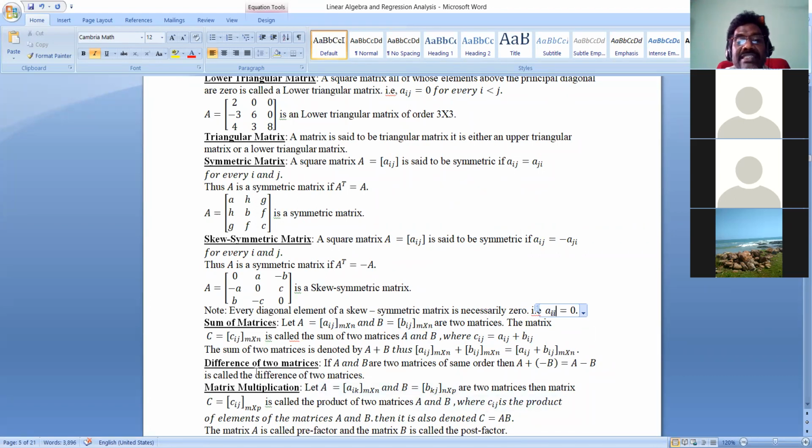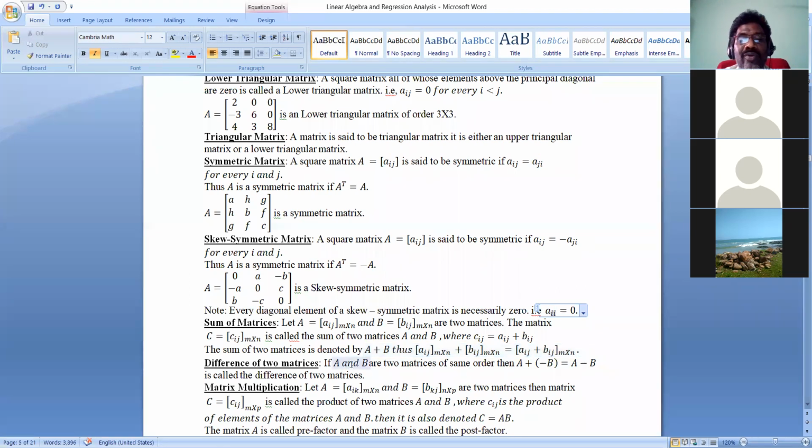The matrix C equal to Cij of m by n is called the sum of the matrices, where Cij equal to Aij plus Bij. The sum of these two matrices is denoted by A plus B. Thus, Aij of m by n plus Bij of m by n equal to Aij plus Bij of m by n. This is nothing but the basic sum of two matrices.